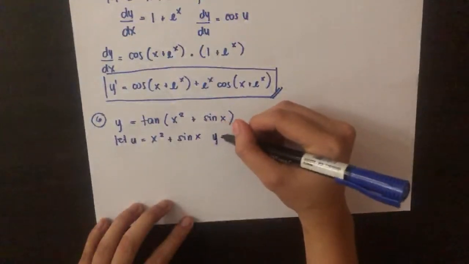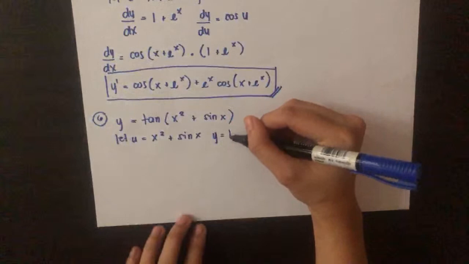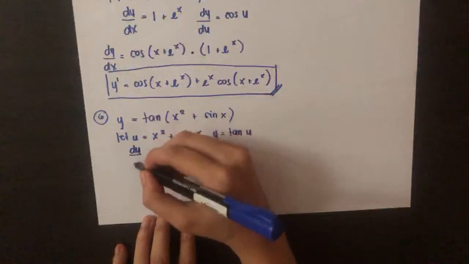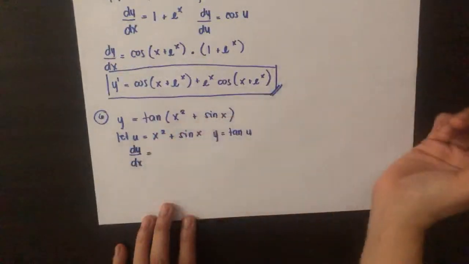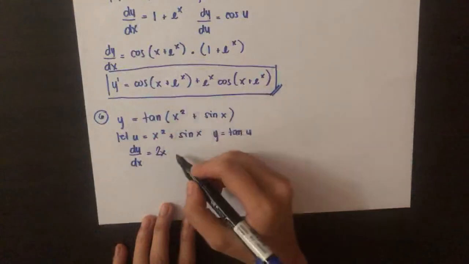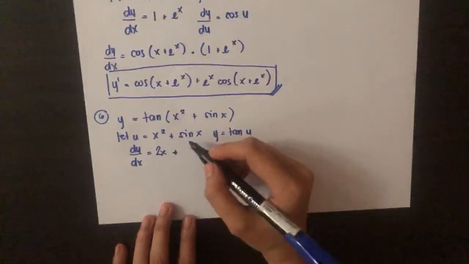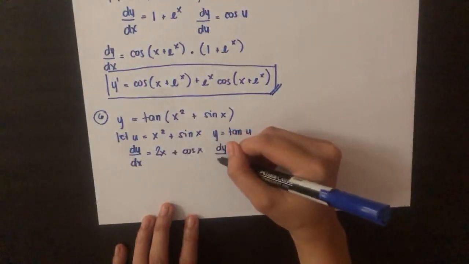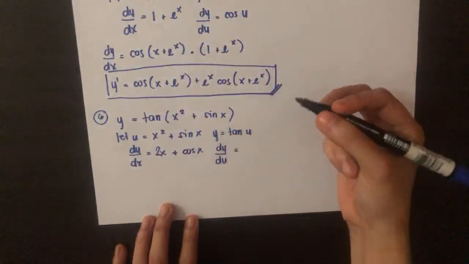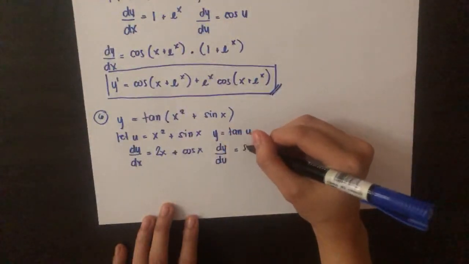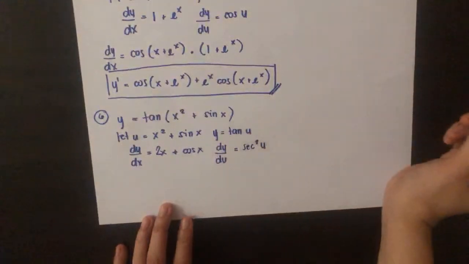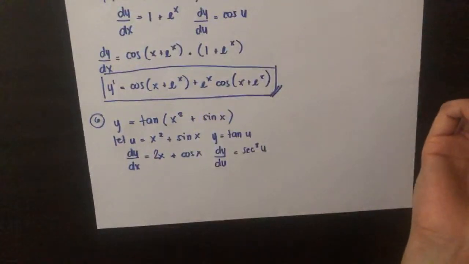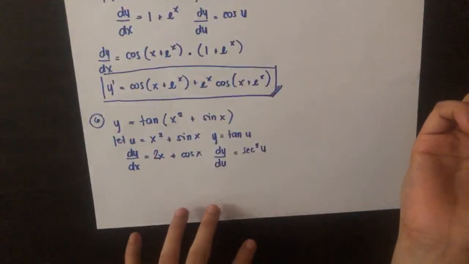So my y will be equal to tangent of u. The derivative of u with respect to x is equal to 2x plus the derivative of sine, which is cosine of x. The derivative of y with respect to u is the derivative of tangent u, which is secant squared. So, always remember the different derivatives of the trigonometric functions because they are very useful.